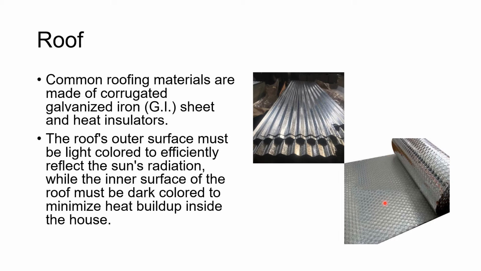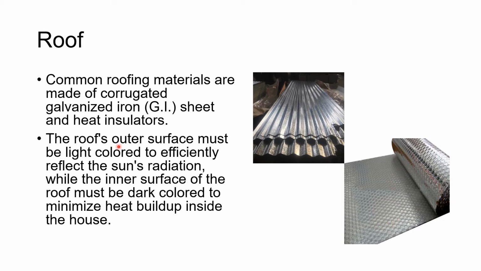And at the same time, pag naman medyo malamig na yung panahon, itong insulator, it will keep the heat that is produced by the body of the animal inside the house. Para sa ganon, hindi lalabas yung init. So, yun yung ginagawa nitong heat insulator.